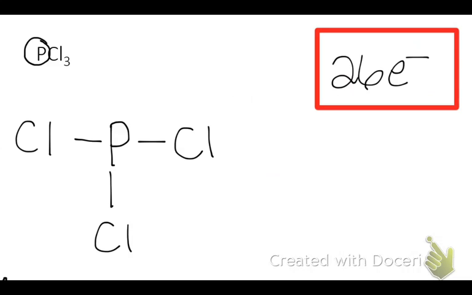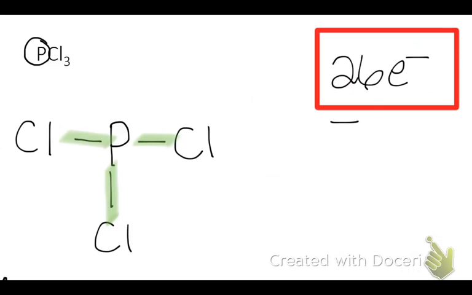Okay? Now, with each bond that I created, I already used two electrons. So based off of my bonds, how many electrons have I already used just by creating those bonds?